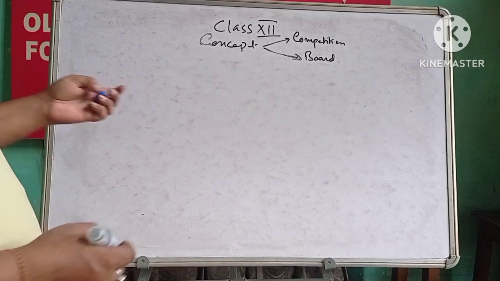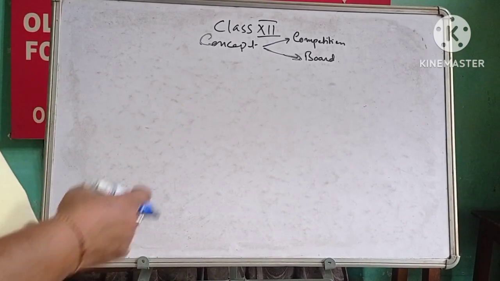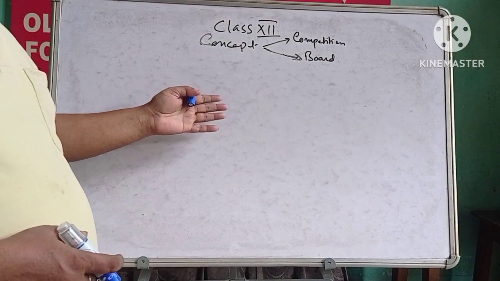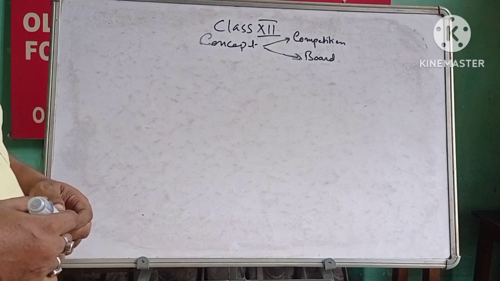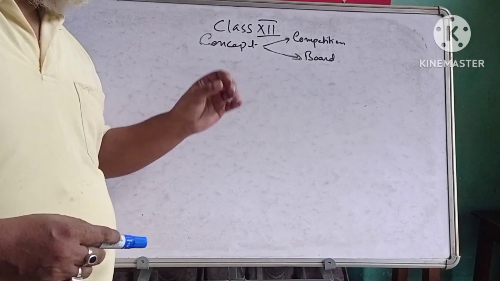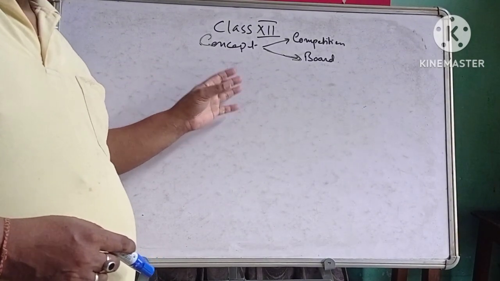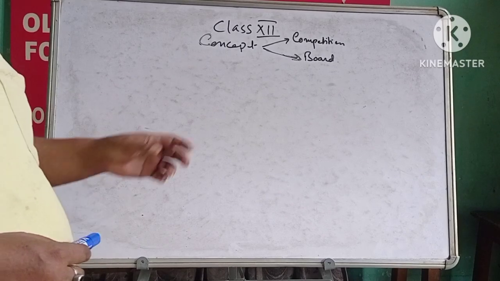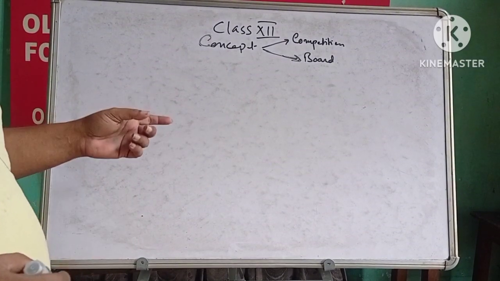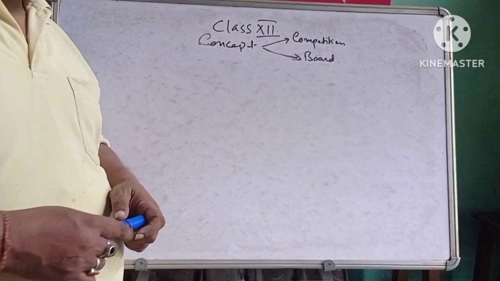Now if these concepts are clear with you, you will be able to solve any problem concerning a transformer, a conducting sphere, a non-conducting sphere, or a charge moving in a magnetic field, where F, v and B are perpendicular to each other.